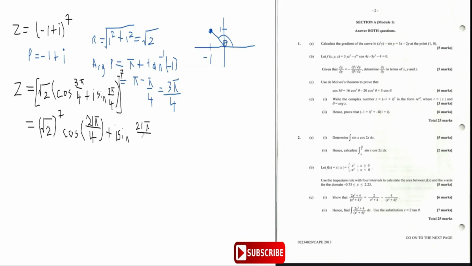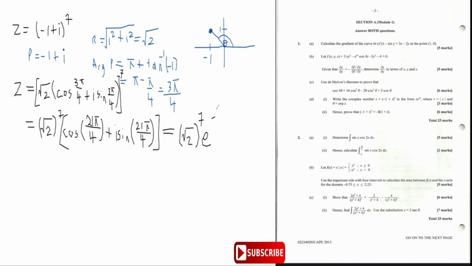All right, now I can put it in the form z is equal to r e to the I times theta, because right here I have it in the polar form, which they didn't ask for. So to put it in the exponential form, r is root 2 to the 7th power, e to the I times theta.